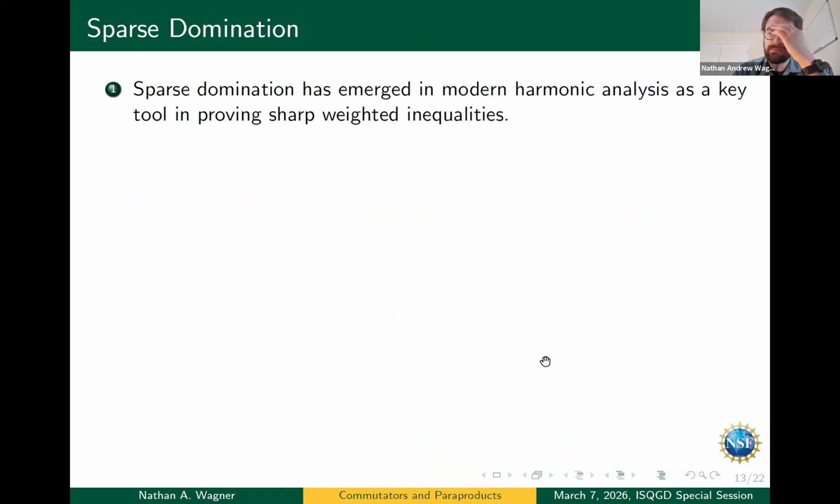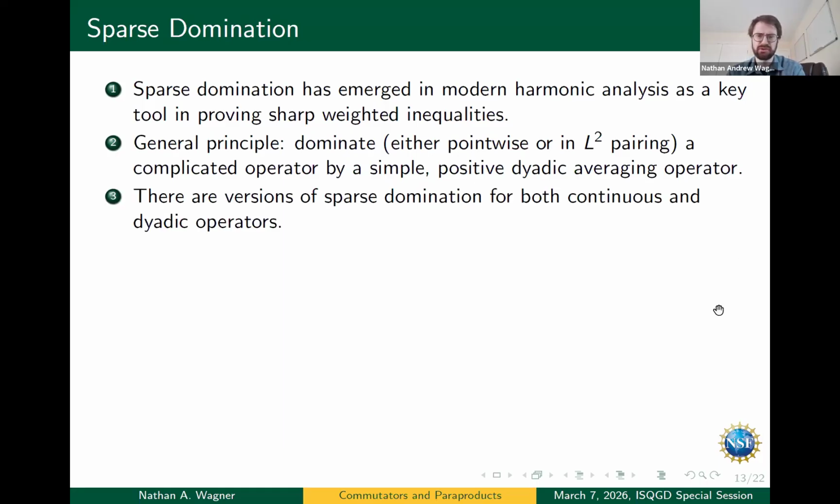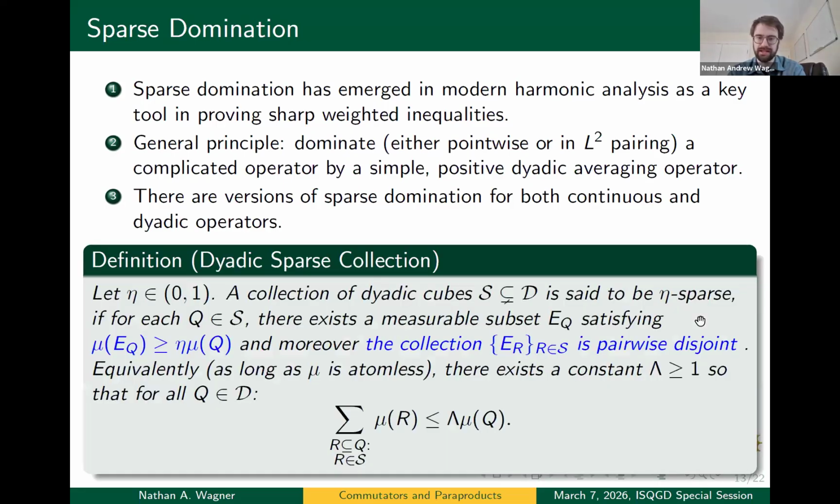So one of our main theorems concerns sparse domination for such operators. And what's sparse domination? Well, it's emerged as a key tool in modern harmonic analysis in proving sharp weighted inequalities. The general principle is that we dominate a complicated operator by some kind of simple positive dyadic averaging operator. And there are versions of this for both continuous and dyadic operators.